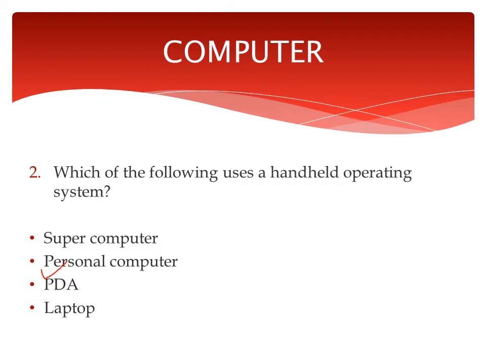Second question: which of the following uses a handheld operating system? First, supercomputer; second, personal computer; third, PDA; fourth, laptop. Correct answer is PDA. Here PDA means personal digital assistant.